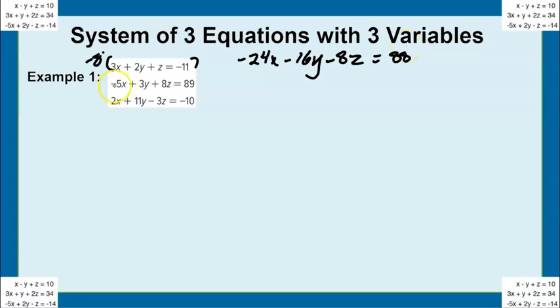And then the second one I'm going to put underneath it, which is a minus 5x, a positive 3y, and a positive 8z equaling a positive 89.